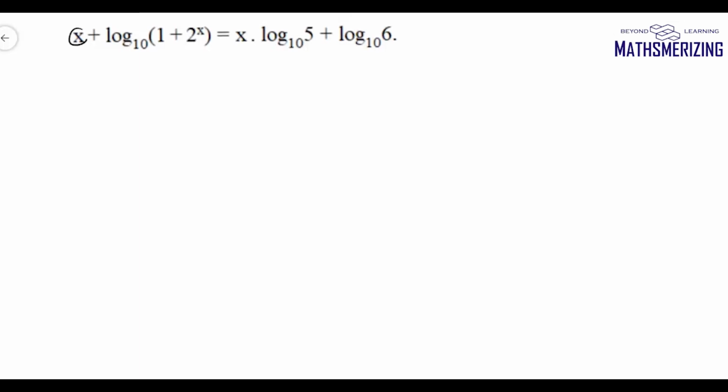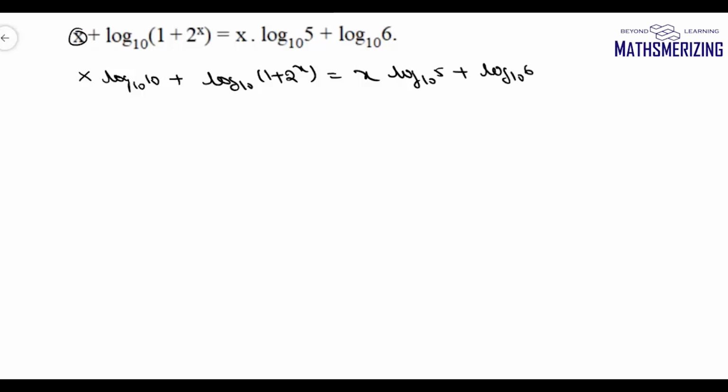Now what I'll do is I'll write this x as, so this is x, and I know log 10 base 10 is 1, so I can write it as x log 10 base 10 plus log 1 plus 2 to the power x base 10, x log 5 base 10 and log 6 to the base 10.